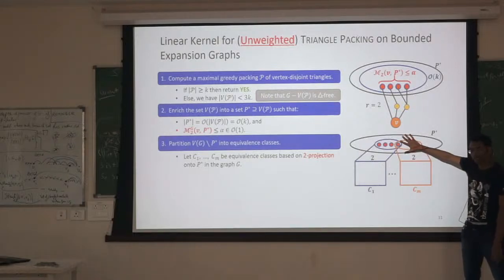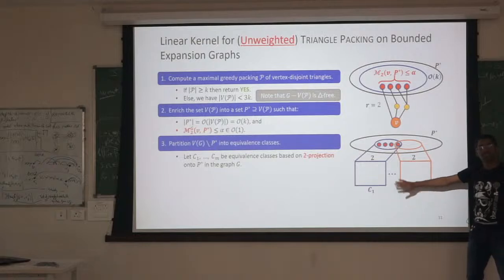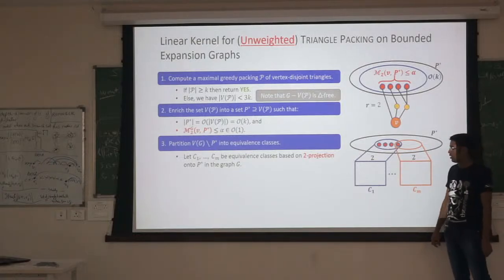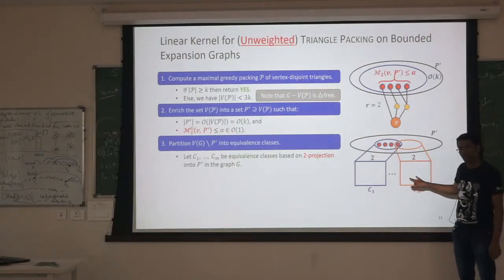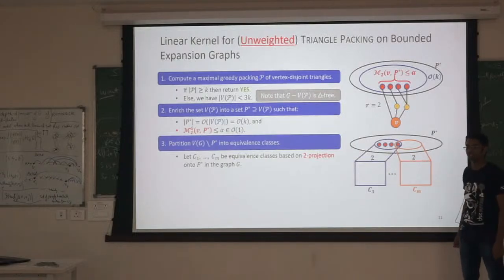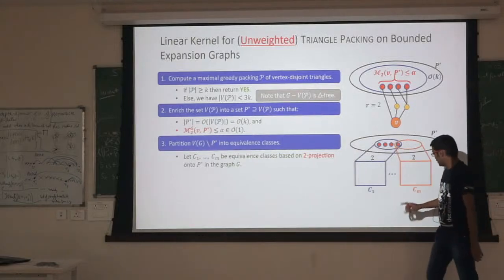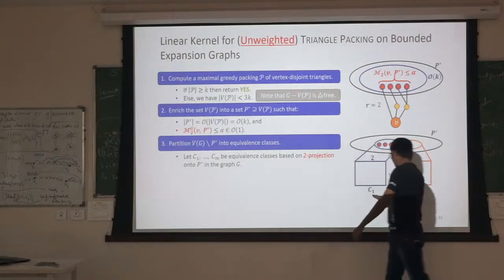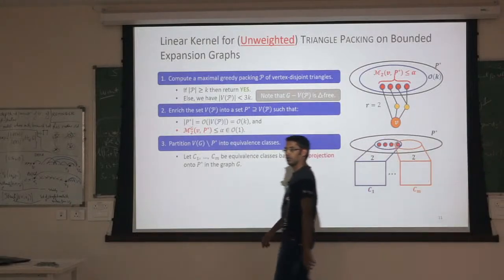In P star we already have order k vertices. Outside, if we ensure that there are order k vertices, we are done. So what we do first is divide this into equivalence classes based on what they see in P as a distance R projection. Note that if we partition into these equivalence classes, the number of classes is again bounded by order k.